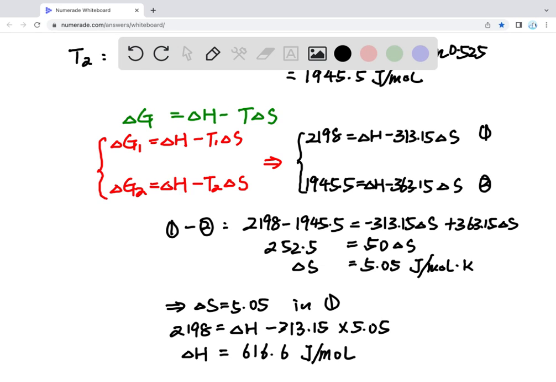So if you want kilojoule, that's actually about 0.617 kilojoule per mole. And this is the answer.